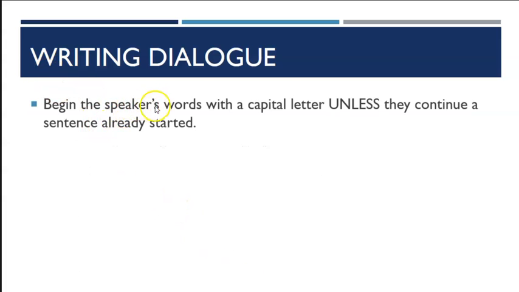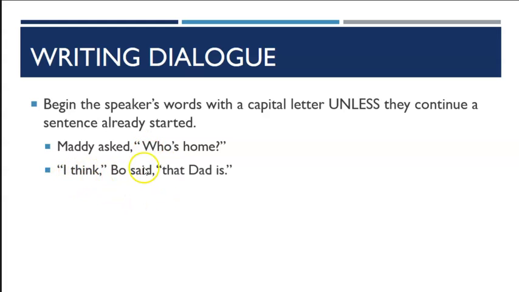So you begin the speaker's words with a capital letter unless they continue a sentence already started. So for example, here we have our tag at the beginning. And so the W in "whose" is capitalized, right? Because it's the beginning of Maddie's sentence.